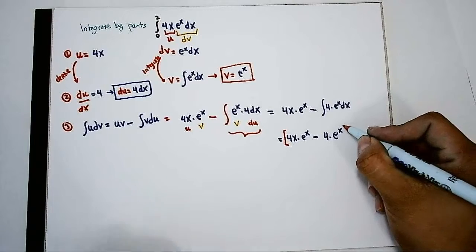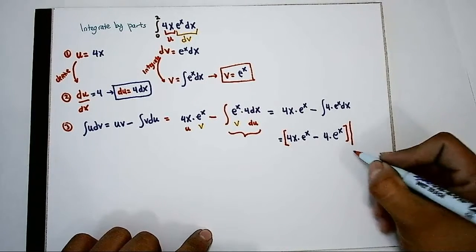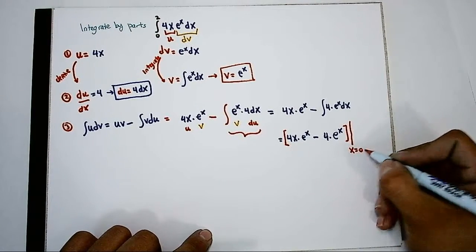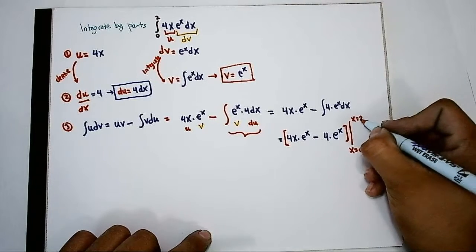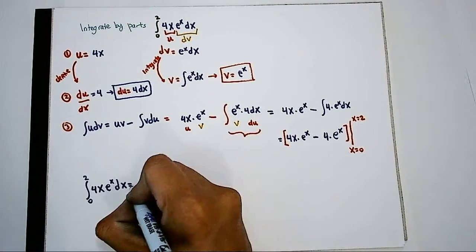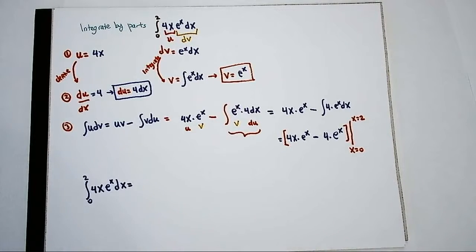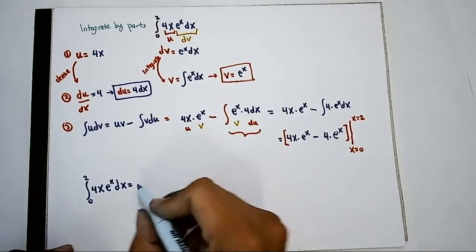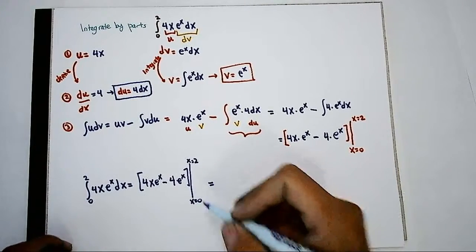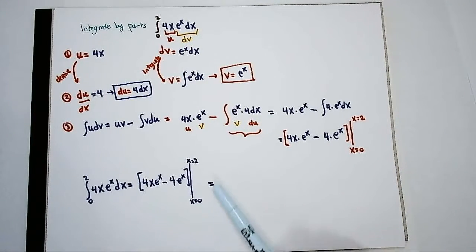But now, this goes from x equals 0 to x equals 2. In other words, this integral is equal to that. Now we can replace the values of x.